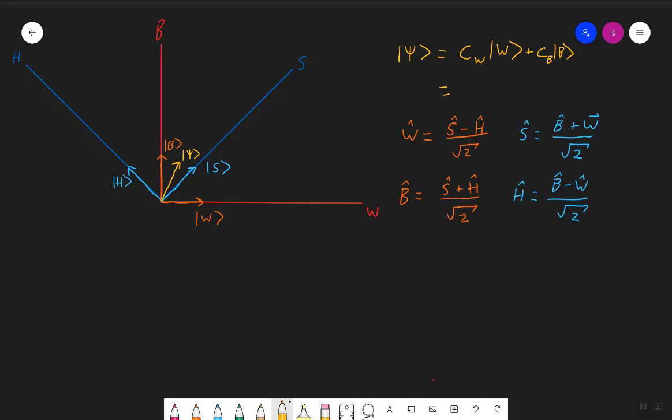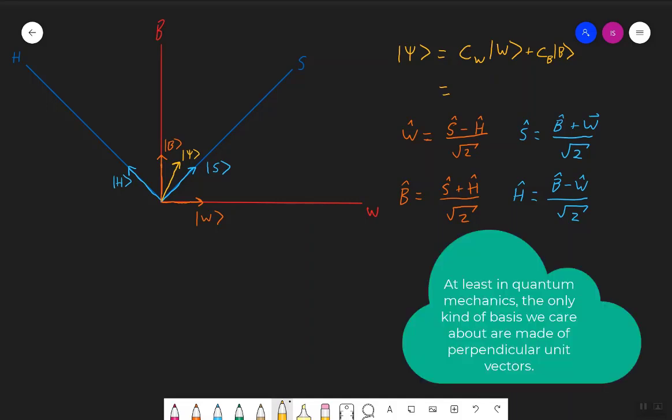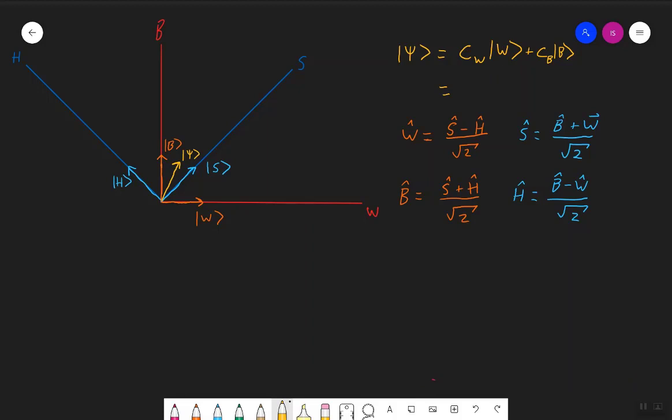You can write it in what we'll call the hardness basis, right? A basis is just a set of unit vectors that are perpendicular. We wrote it here in the color basis. Now we'll write it in the hardness basis, where we have some CS times the soft unit vector plus some CH times the hard unit vector.